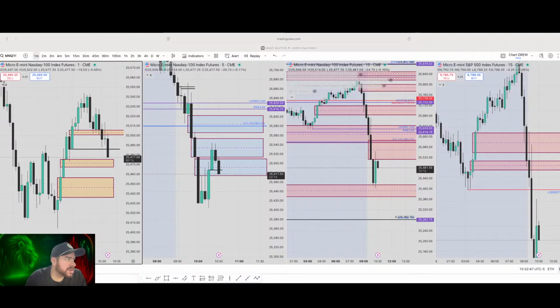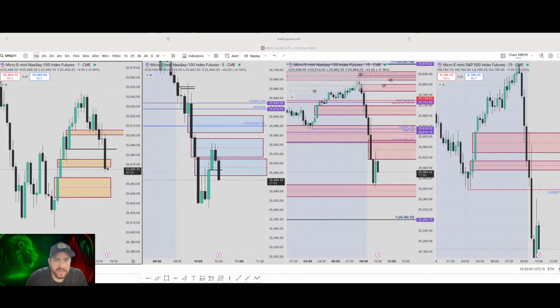See if we get a close past the line. Let's see if we get a close past that. Yep, we got it. Let's see. We can get in right there. See if we can take this thing lower. A lot lower.